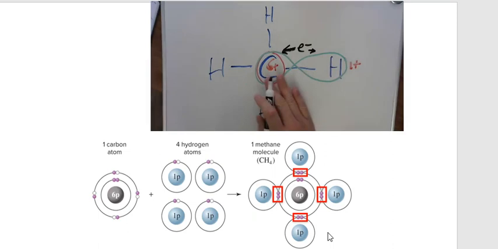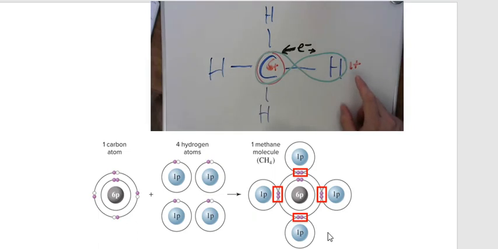So it tends to spend more time there, which should create a remaining charge here. Why? Because now instead of having 1 proton and 1 electron fully spending its time here, that electron doesn't hang around here as much, which leads that hydrogen to be a little bit more positively charged.